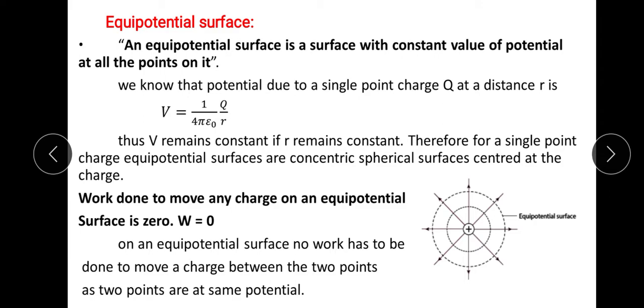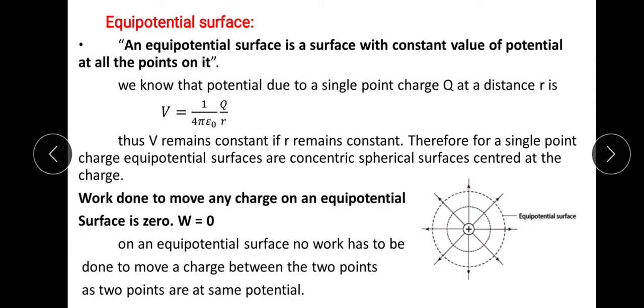Just now we said that the potential remains constant throughout the surface, hence the difference in potential between any two points is 0. Since the potential is constant, the value of potential at any two points is same. Therefore, the difference in potential is 0.